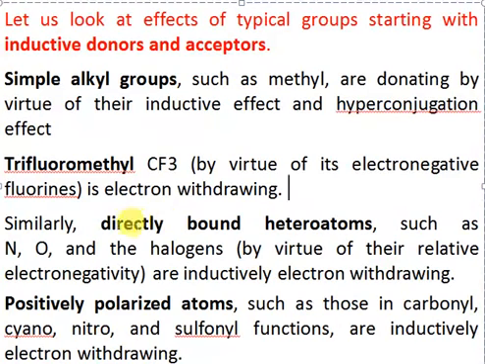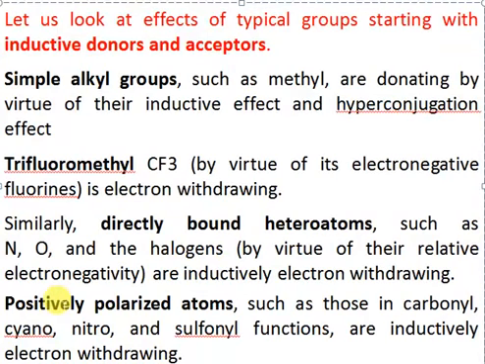Furthermore, if you have a heteroatom such as oxygen, nitrogen or halogen directly attached to the benzene ring, then these atoms can withdraw electronic density by inductive effect, right?